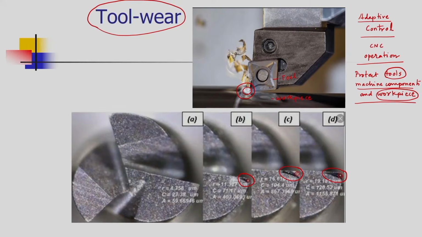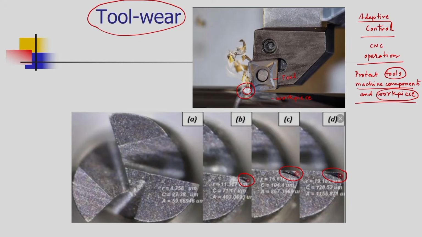If the tool is getting worn out, the machine tool should give an alarm or signal to the operator, or automatically it should take the decision to change the tool, or it may even adjust the process parameters, say speed or feed, that are to be reduced or adjusted by the machine tool.